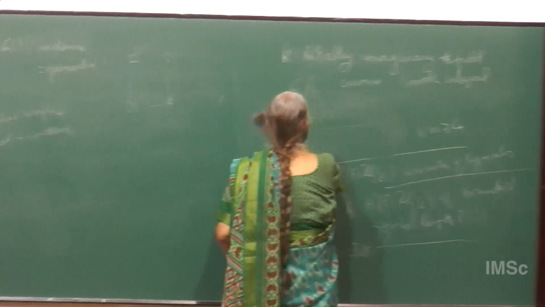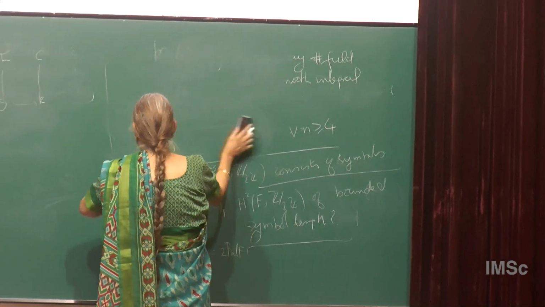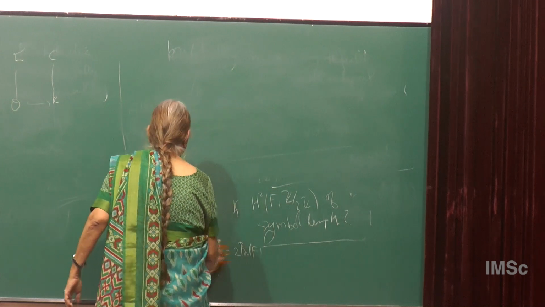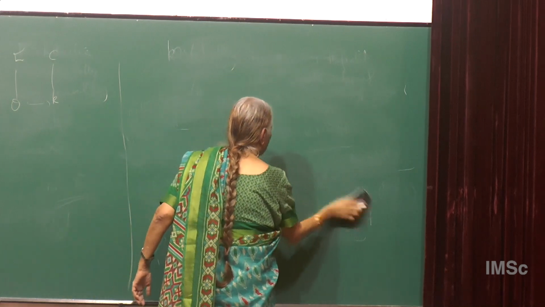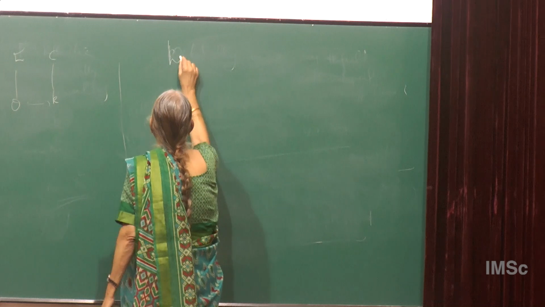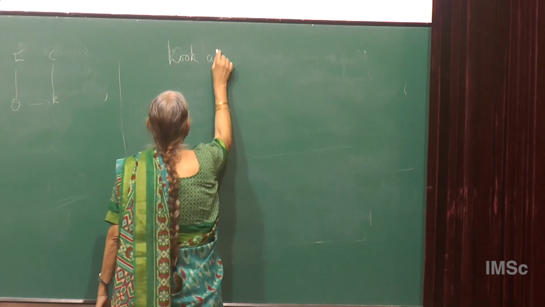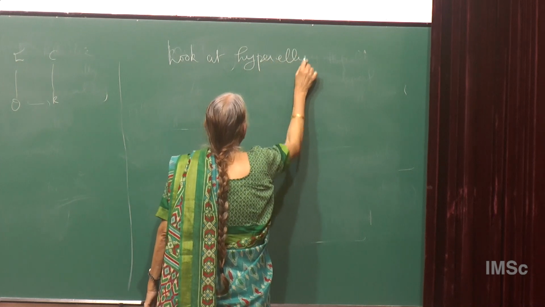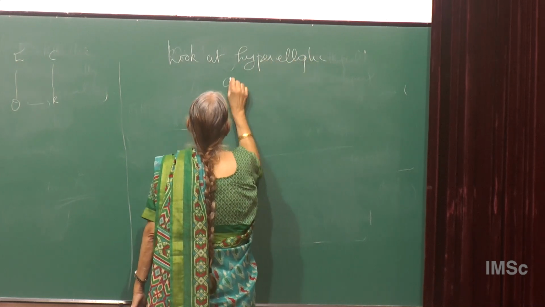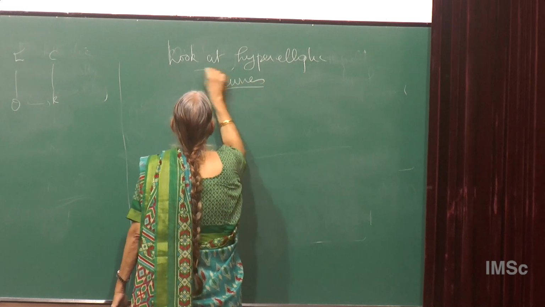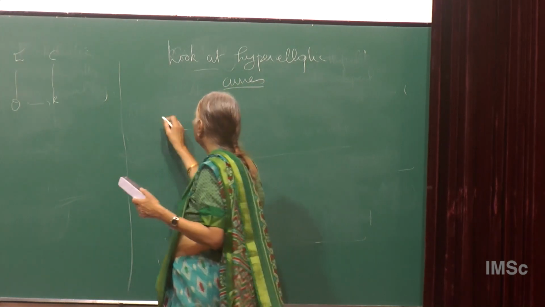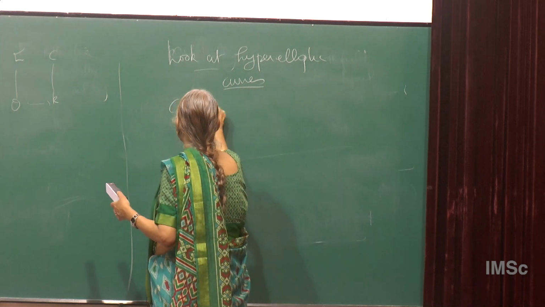So we started looking at C over K, a hyperelliptic curve of genus g. Suppose we also assume that the curve has a rational point.